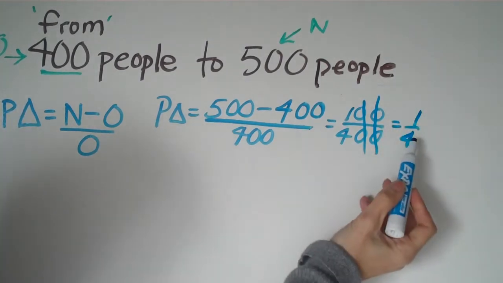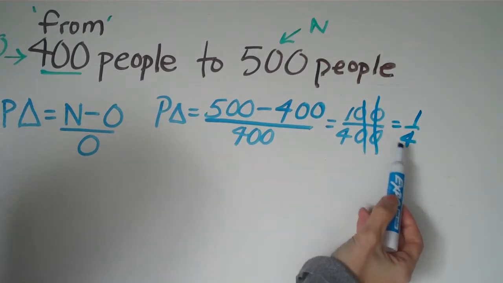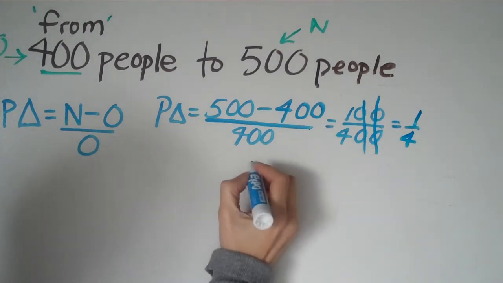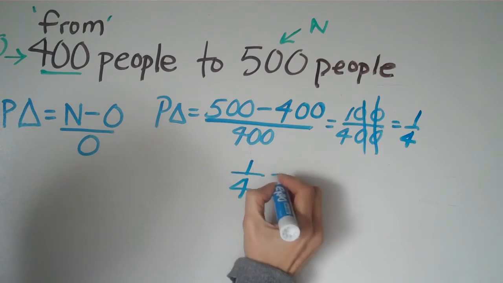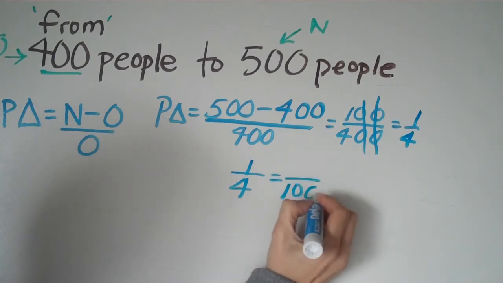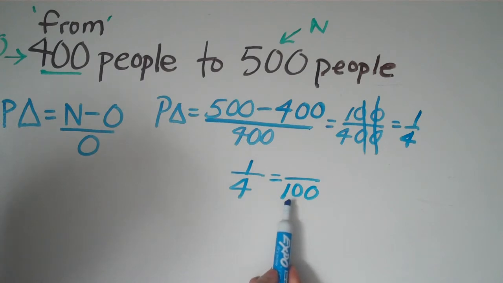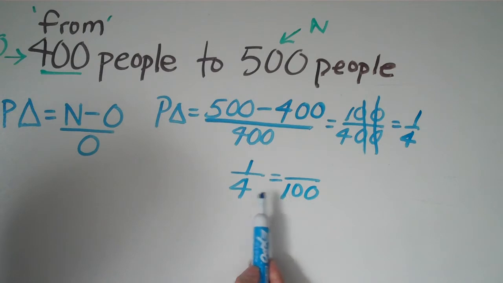Well, if you can, this should be a fraction that you know off the top of your head is 25%. But if you didn't know that, well, 1/4 is equal to something over 100. You can do it this way, where the bottom number fits nicely into 100. You can figure out what the percent is that way, right?